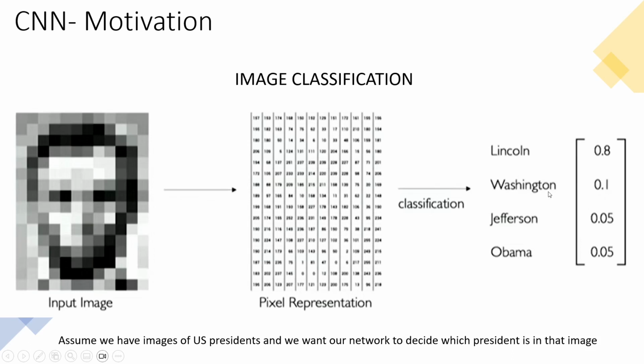Okay, that's the problem we are trying to solve. At the end, our convolutional neural network will give a probability for each possible class. Okay, it's not just going to say this guy is, for example, Obama. It's going to just give a probability of this guy being Obama or being Washington. Okay.